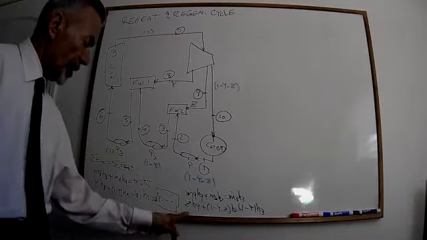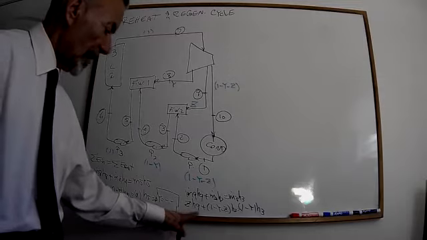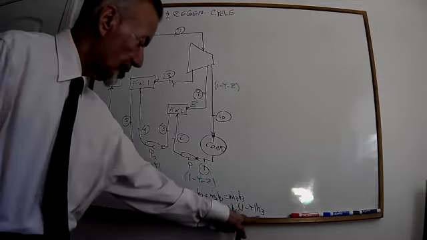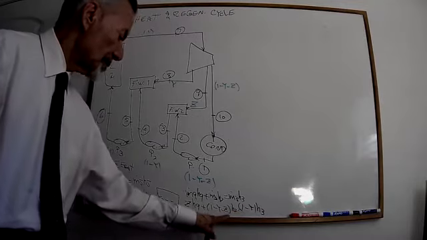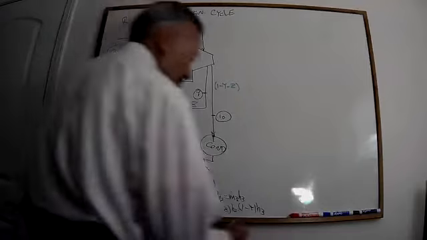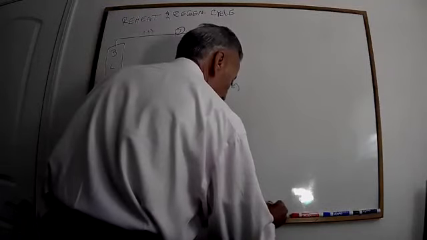The only unknown here would be Z, because you have H9, H2, H3, and you already have the value of Y. So that's how you find the value of Z from there.